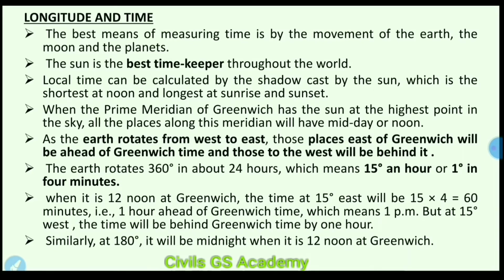That is 1 hour ahead of Greenwich time, which means 1 p.m. Because when it is 12 noon at Greenwich, to the east of it, it will be 1 hour more, that is 1 p.m. But at 15 degree west, the time will be behind Greenwich time by an hour. Similarly, at 180 degree, it will be midnight when it is 12 noon at Greenwich.